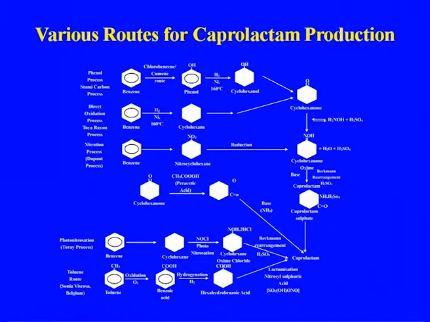As I told you, there are various routes, but finally for caprolactam, in most cases this is the Beckmann rearrangement, and it may go from benzene to phenol, or benzene to cyclohexane, or benzene to nitrocyclohexane, or benzene to cyclohexane, then toluene to benzoic acid.